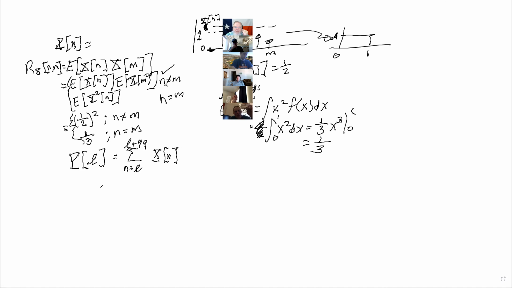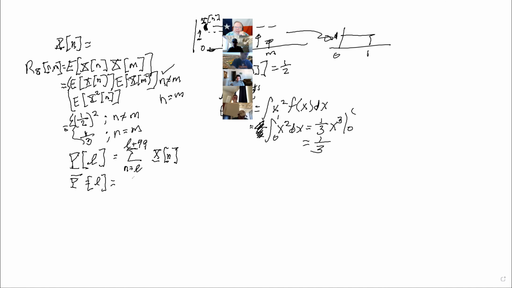Shouldn't there be some sort of factor in front to scale? I think we added them. We're not averaging them. Yes, we're just adding them, it's a rectangle. So what is the expected value of y sub L?